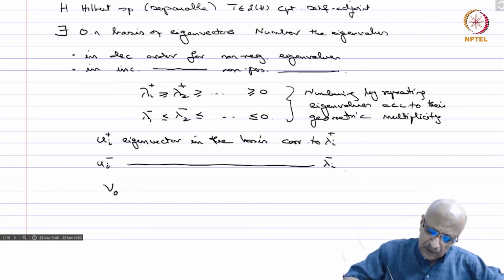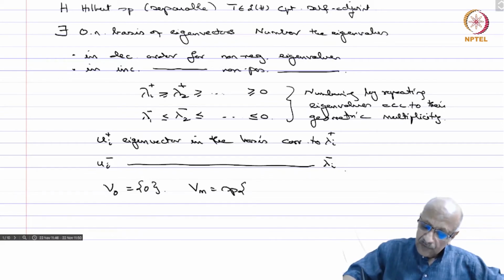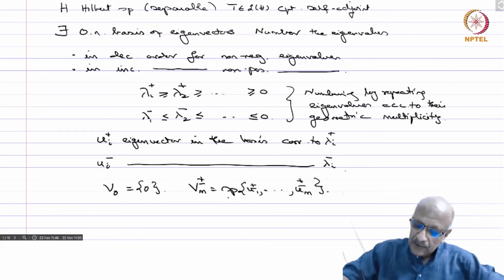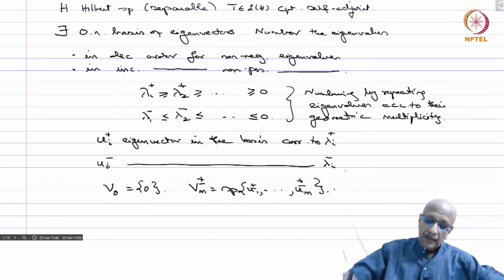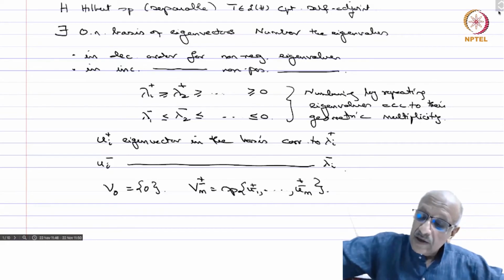We set V_0 to be the singleton {0}, and we set V_m plus and minus to be the span of u_1 plus or minus through u_m plus or minus. That means V_m plus is the span of u_1 plus to u_m plus, and V_m minus is the span of u_1 minus, u_2 minus, to u_m minus. This is the notation which we are having.